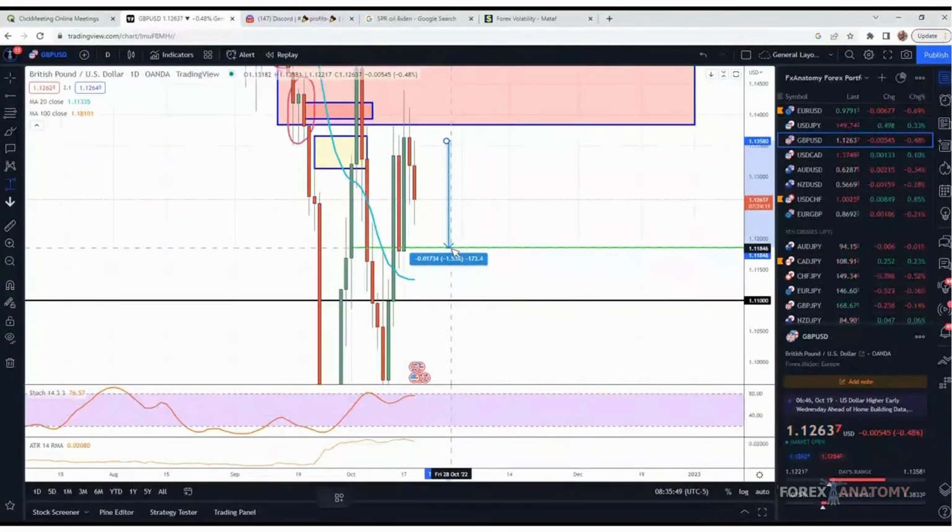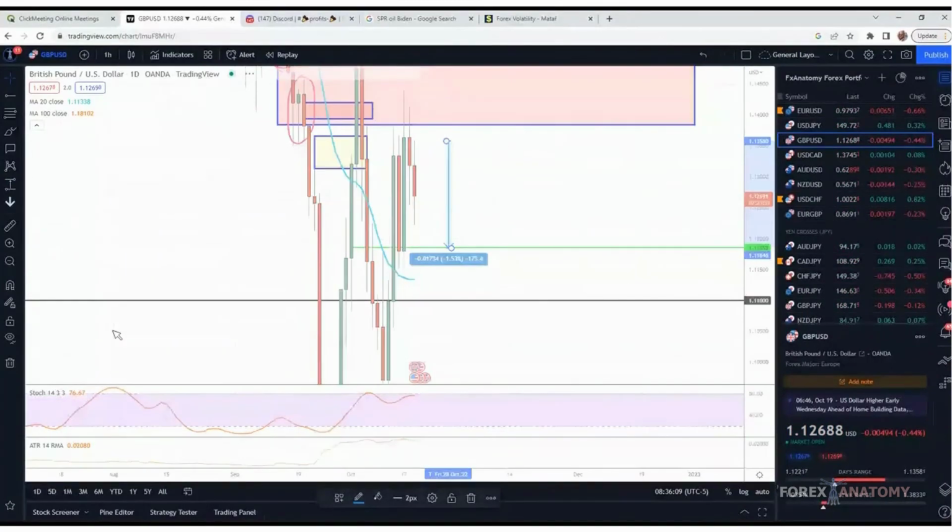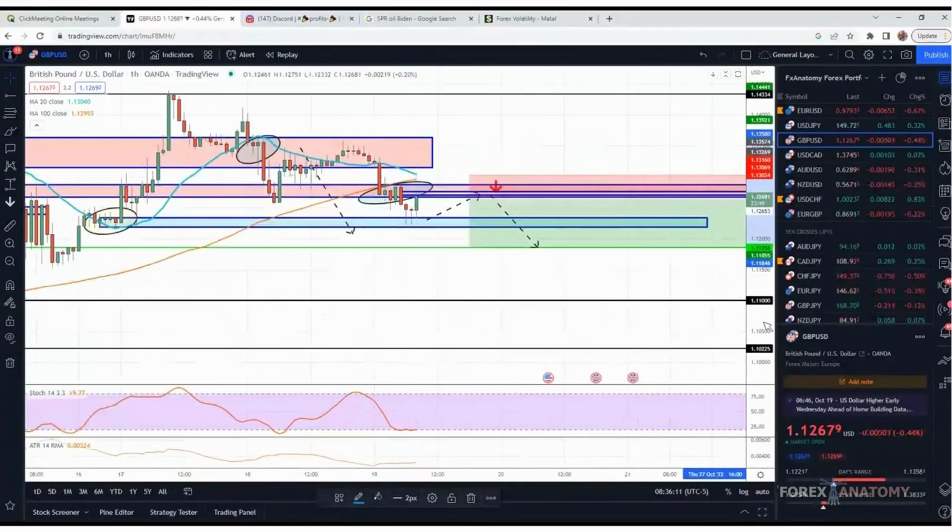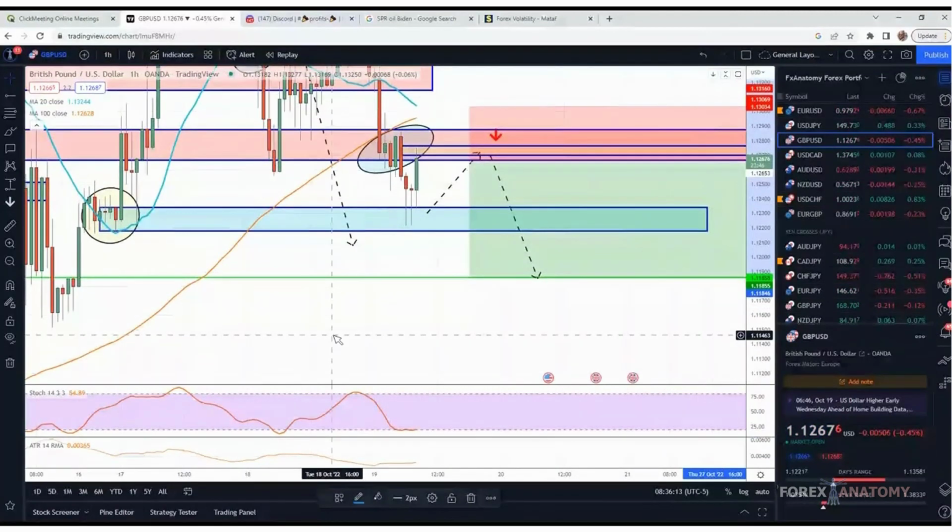So this is where we have our target. We can just leave it right around here, 1.1185. Just keep it there, keep it simple. Yep, that would be our target. So let's do that.